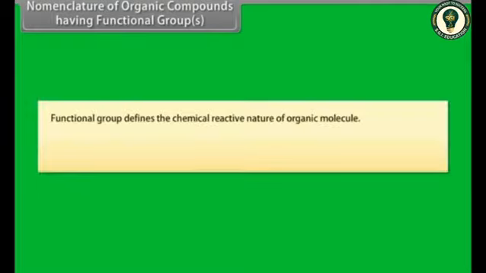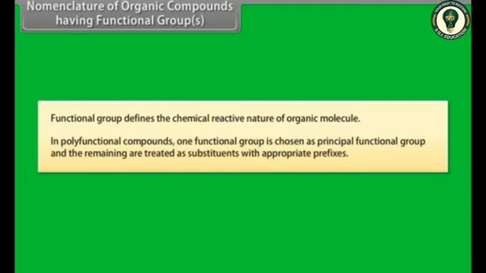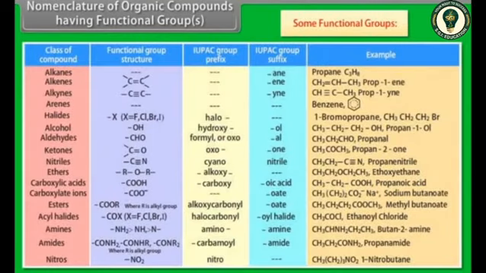Nomenclature of organic compounds having functional groups. Functional group defines the chemical reactive nature of an organic molecule. In polyfunctional compounds, one functional group is chosen as principal functional group and the remaining are treated as substituents with appropriate prefixes. Some functional groups are given below in the table.